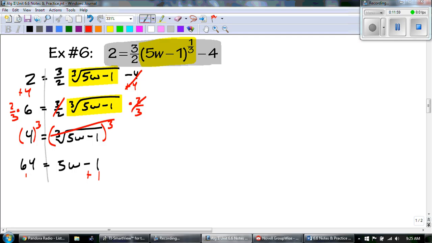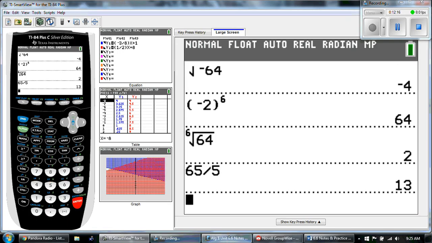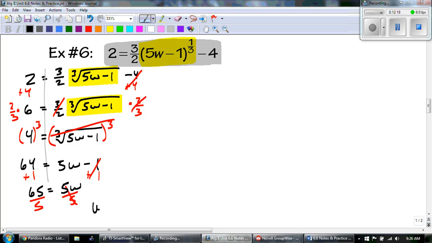And now we just solve. I want to get the w by itself, so I add the 1, and then I divide by 5. 65 divided by 5? 13. So we get w equals 13. Or is it? I don't know. You guys are in charge of the check.